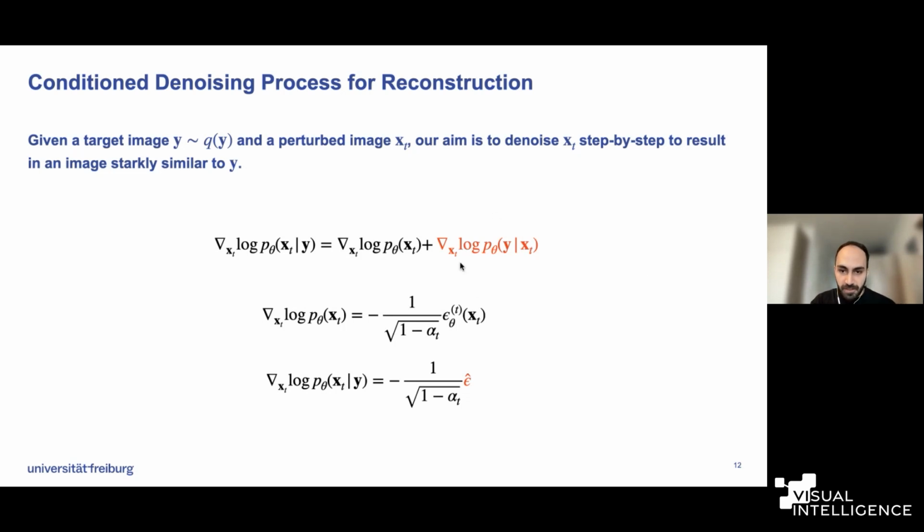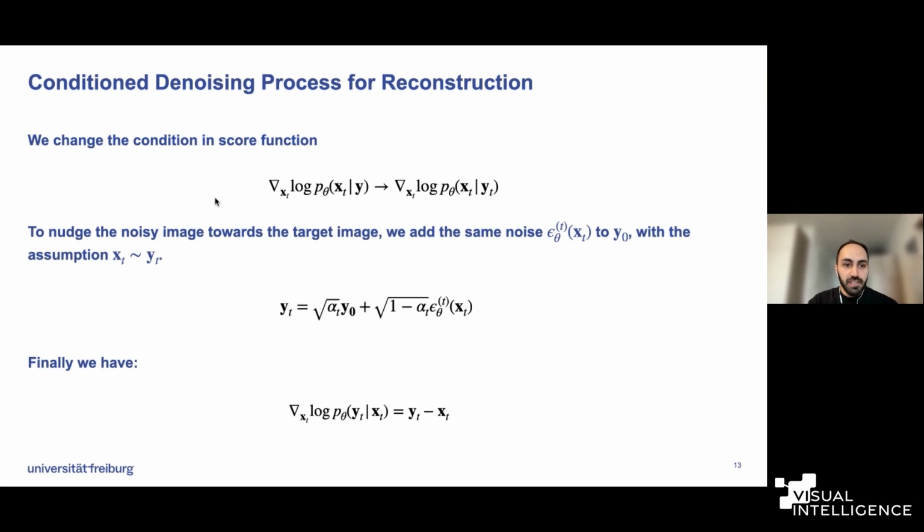For sure, we don't have this part, so this part is a question mark. However, we have the score function based on the diffusion model, and we also have a conditional score function. However, here the noise is different from the predicted noise from the unconditional, because this noise, which shows the direction we should move at each time step, is now conditioned on y. So now we have two terms that should be resolved.